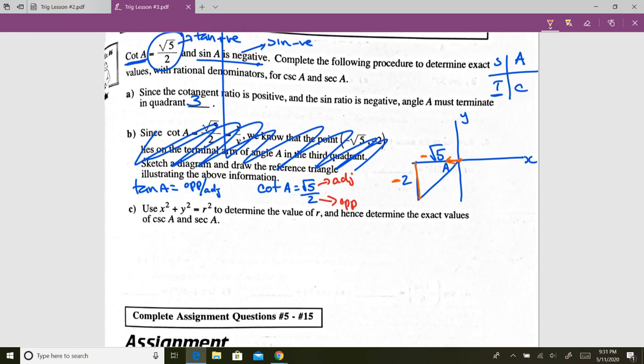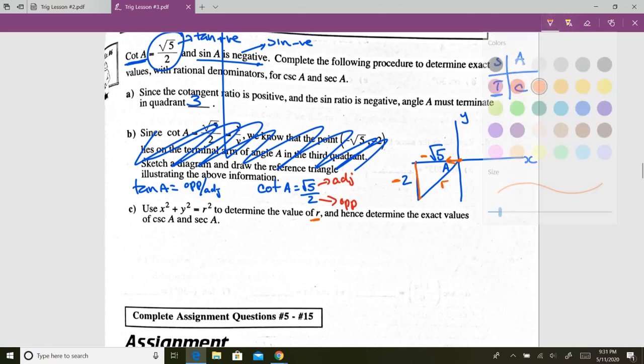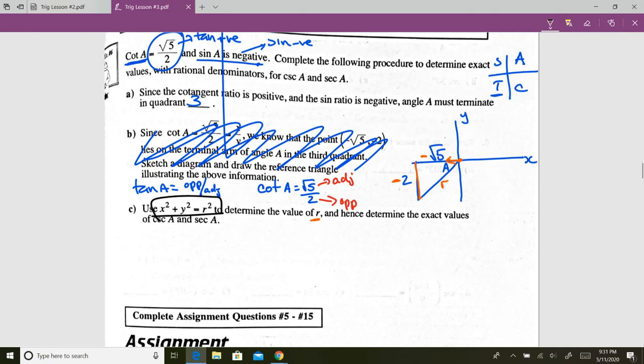Okay, they want us to calculate r. That's my r. So let's calculate using Pythagorean theorem. X squared plus y squared equals r squared. So that's negative root 5 whole squared plus y squared, which is negative 2.